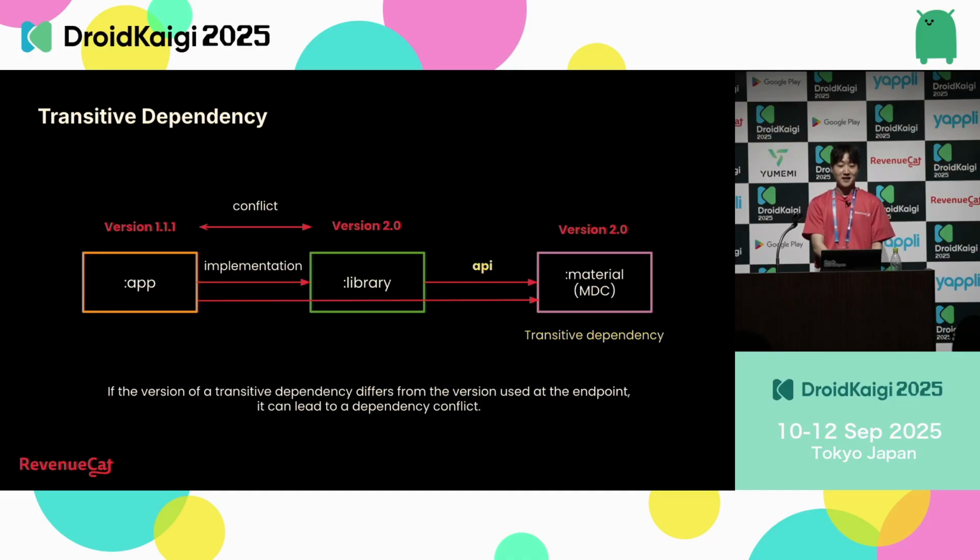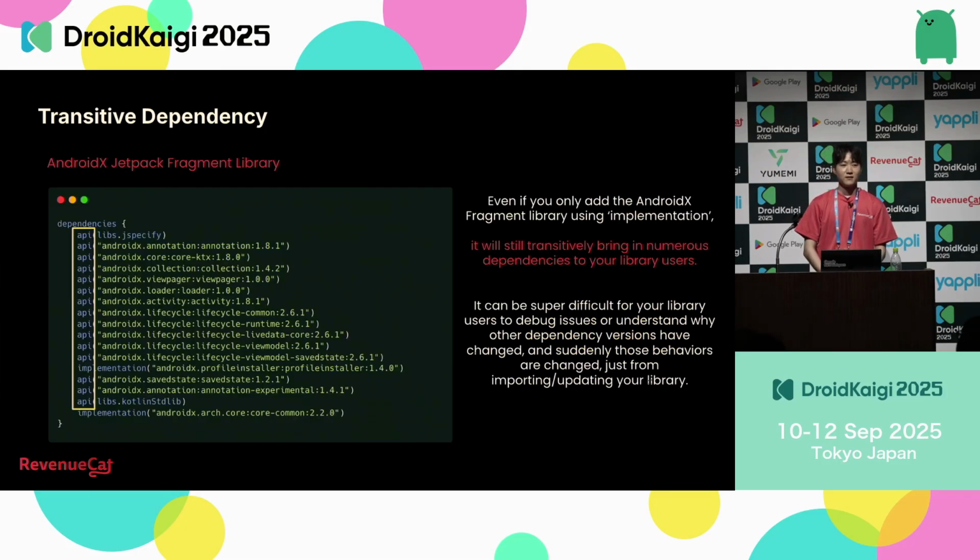In the worst case scenario, your library users might also import a very different version of the MDC library, which could lead to conflicts if the versions are incompatible. For example, if you look at the Jetpack fragment library, it contains a couple of transitive dependencies, such as view pager, activity, and lifecycle libraries.